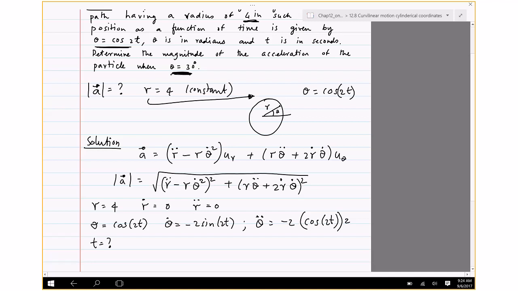So I'm going to shove this in this equation. Theta is 30. Now when you take theta is cosine 2t, you want to put theta in. Will you put 30 degrees? If you put 30, it doesn't make sense because cosine can only be from -1 to +1, right? So you cannot put 30. You need to put the value in radians. So it's going to be pi divided by 6, which is 30 degrees, equals cosine 2t.